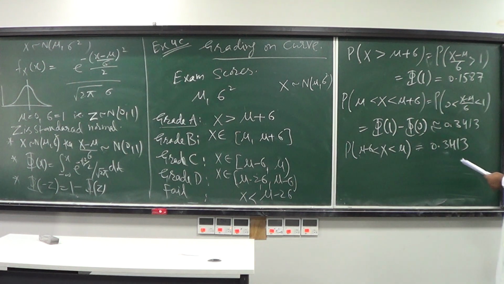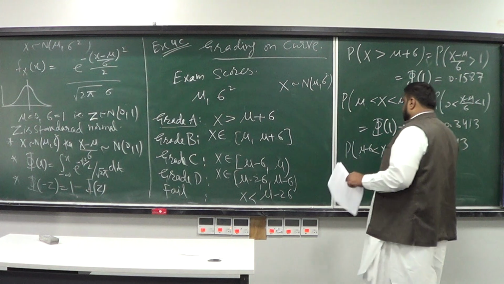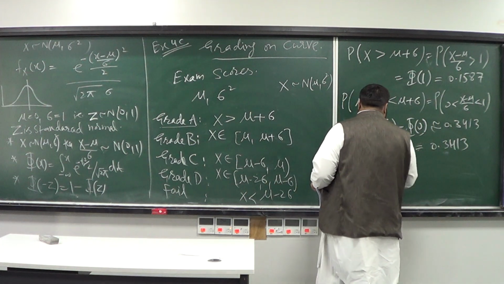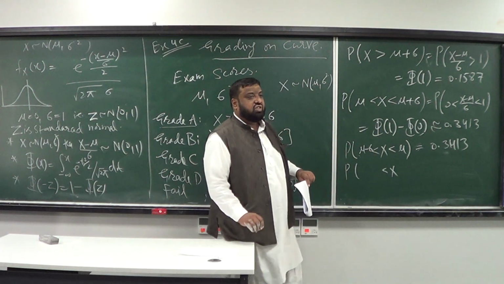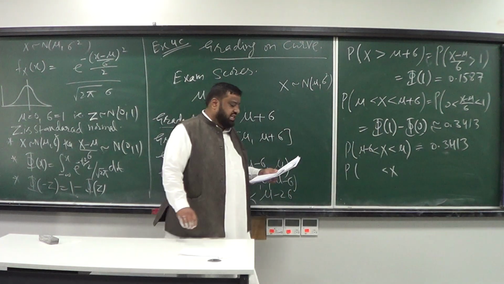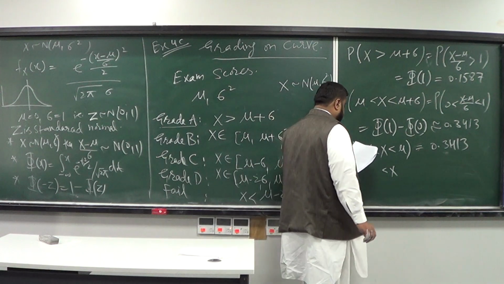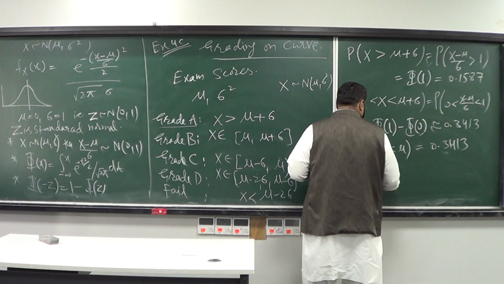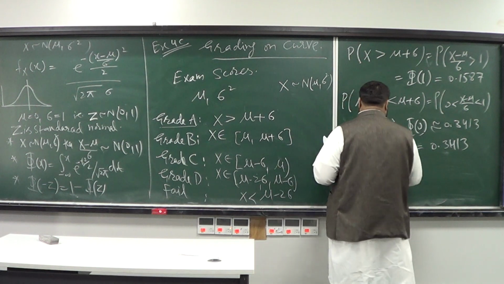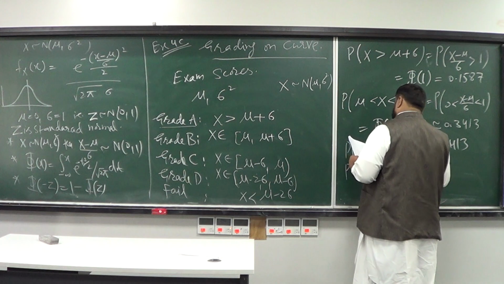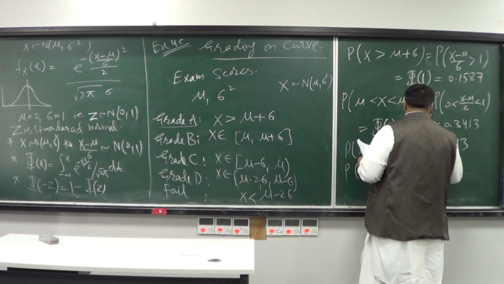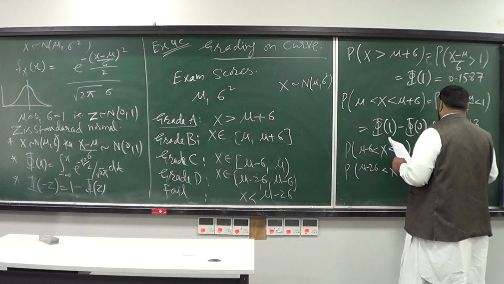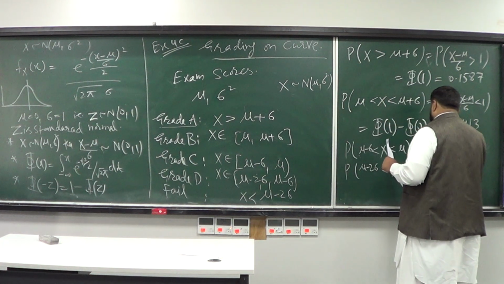And what is the probability that a particular student with this grading strategy would get a D grade? It is between mu minus 2 sigma and mu minus sigma, so it's going to be phi of 2 minus phi of 1 on simplification.